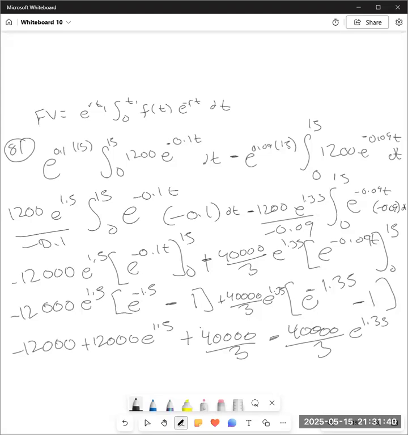So negative 12,000 plus 12,000 e to the 1.5, plus 40,000 e to the 1.35 divided by 3.